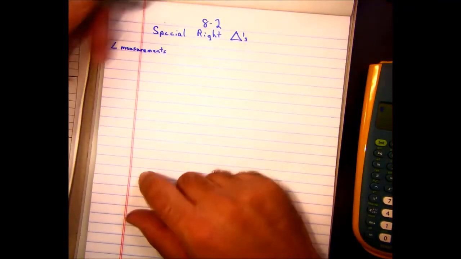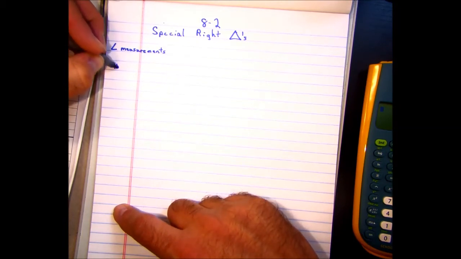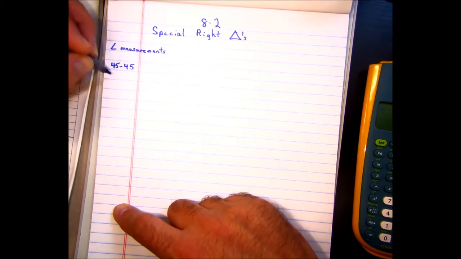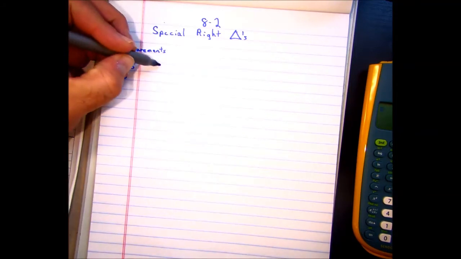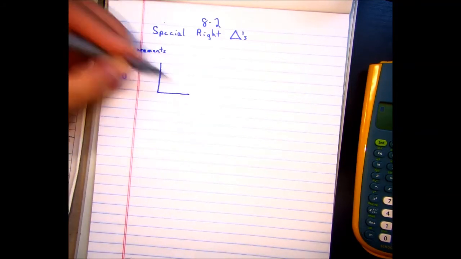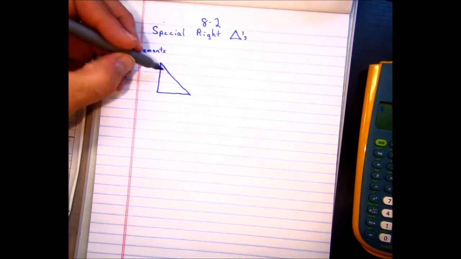All right, so the first type of special right triangle is called a 45, 45, 90 degree triangle. The reason it's called a 45, 45, 90 is because two of the angles are equal. What are some of the things that you know can happen when two of the angles are congruent?